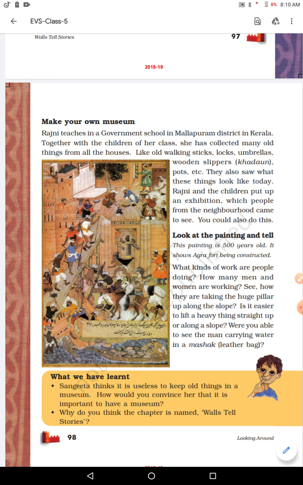This pillar was being taken inside the palace. These are some workers who are carving, and this is a person who supplies stone. So this is how they construct a fort or a palace.